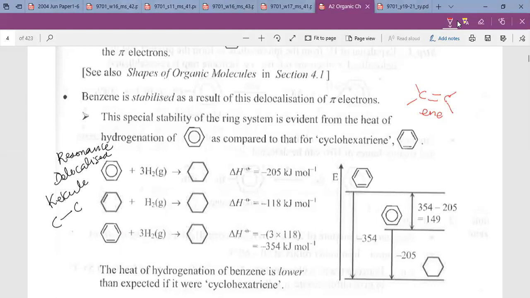Now, if there were one single double bond, it's called cyclohexene. Ene means double bond.